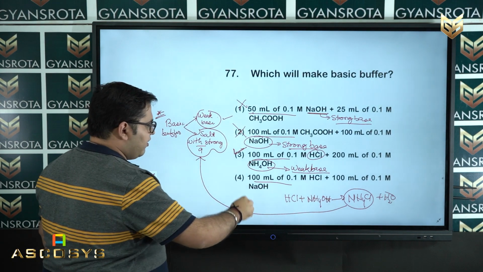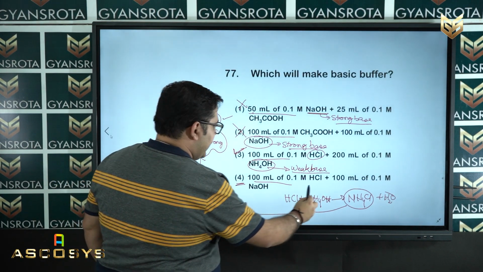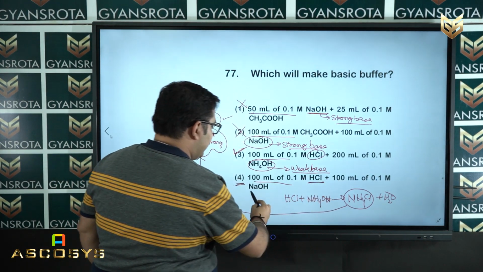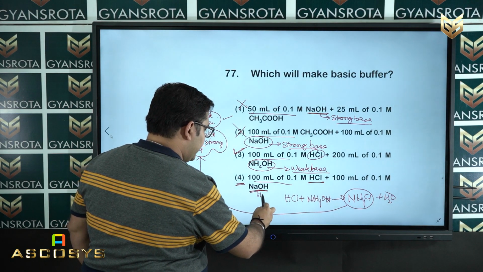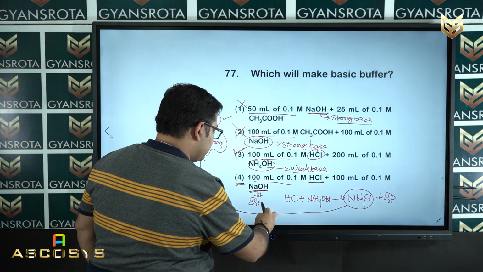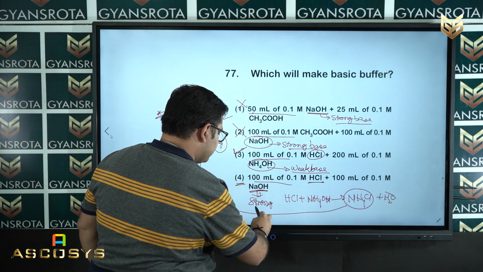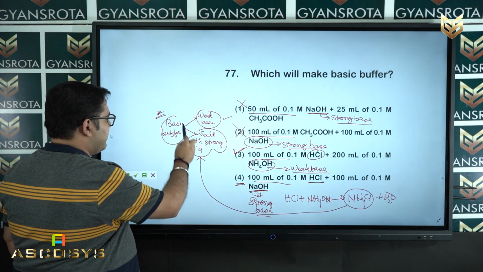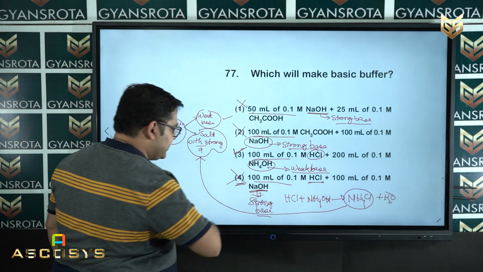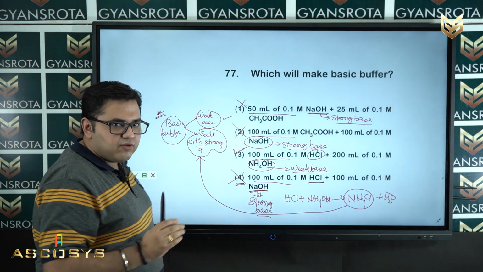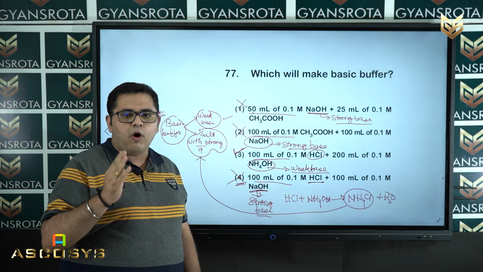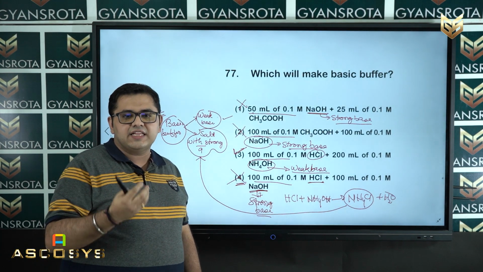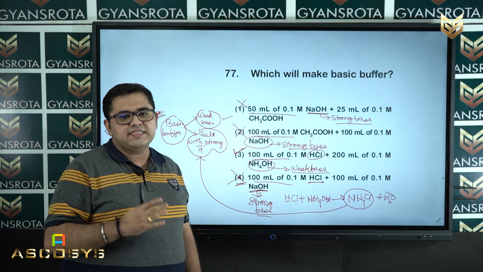Now, if you see option 4 also, HCl and NaOH. NaOH is your strong base, and when a strong base is present, this is not a basic buffer. So, option 4 is neglected. So, we end up with option 3 as the correct answer of question number 77.